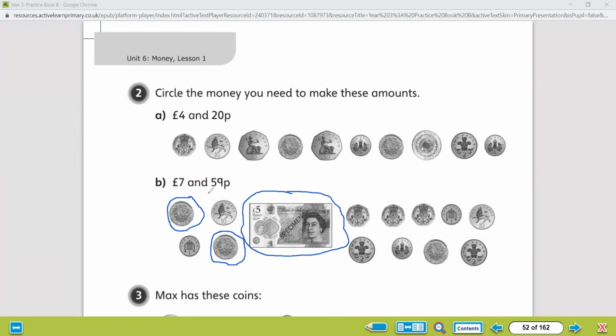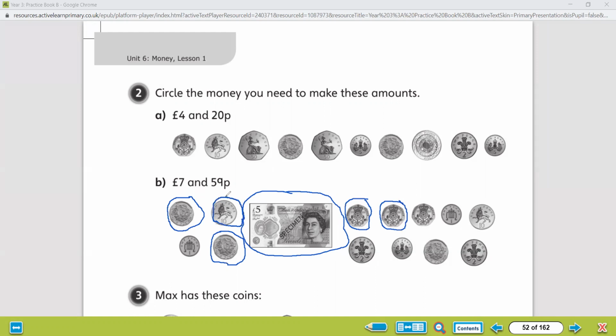I've now got to make my 59 pence. And I'm looking, I haven't got a 50 pence. So I've got to find some coins that would make 50 pence. Well, the next biggest coin before 50 pence is a 20 pence. So I'm going to have a 20 pence and a 20 pence, and that makes a 40 pence. I'm going to use that 10 pence there.